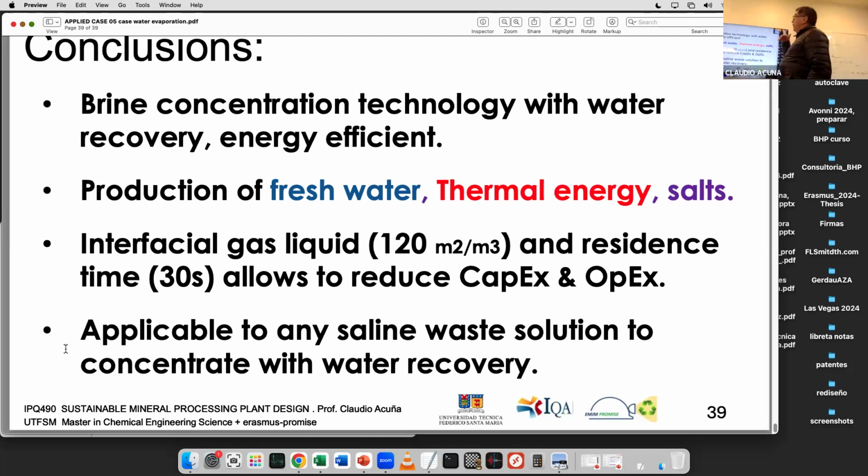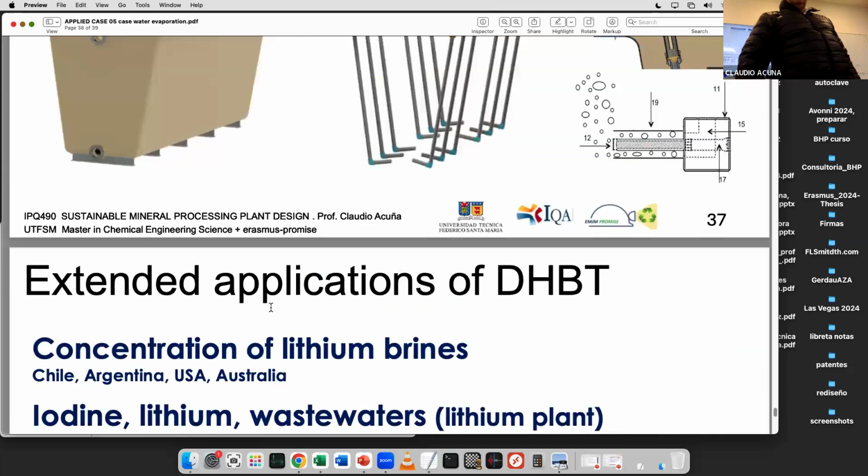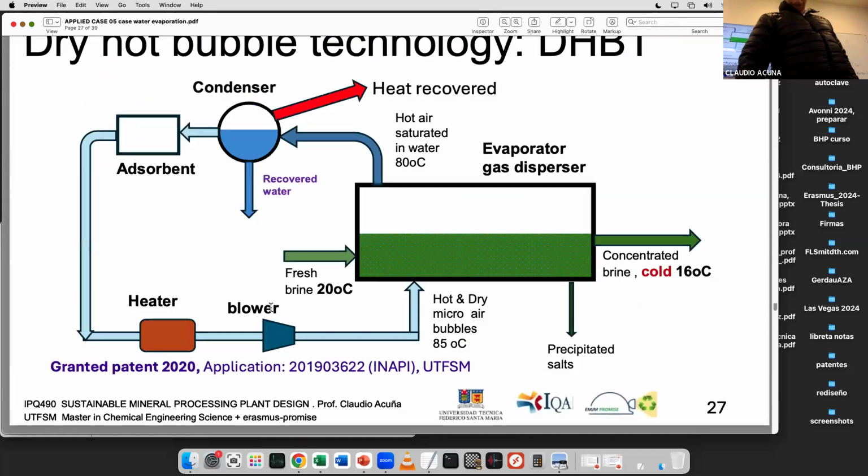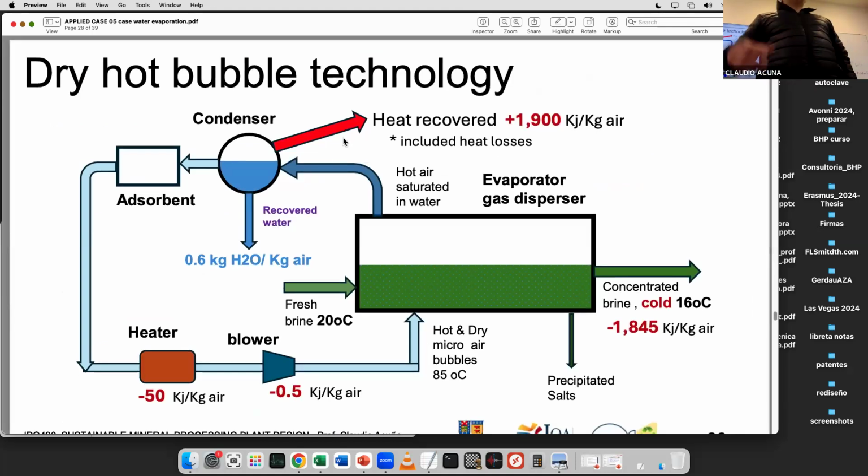We have developed a brine concentration technology with water recovery and energy efficiency, because we use the condensing phase only. Production of fresh water. We also have thermal energy to be used; 80 degrees in a heat exchanger is a lot of energy.